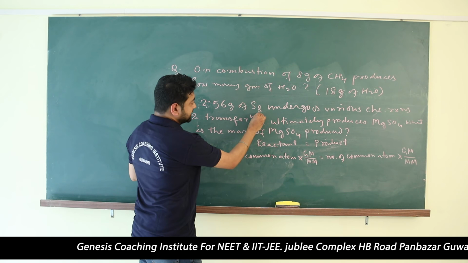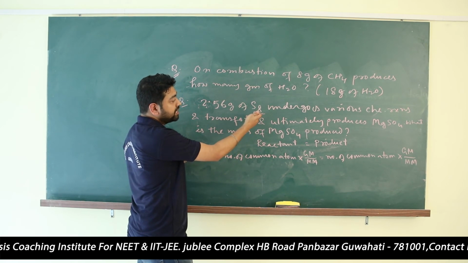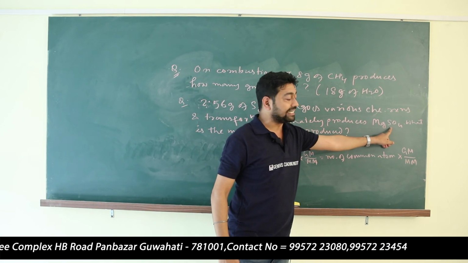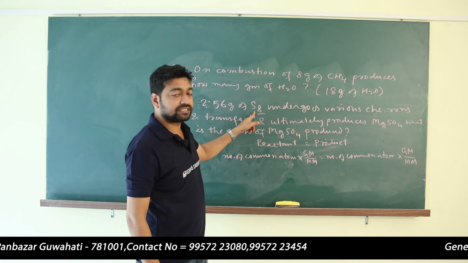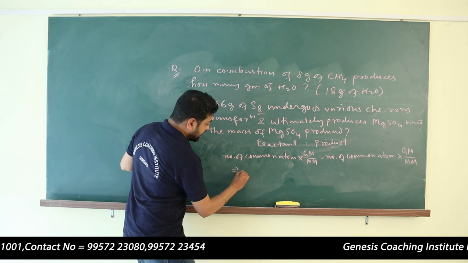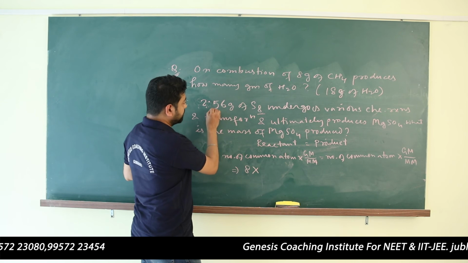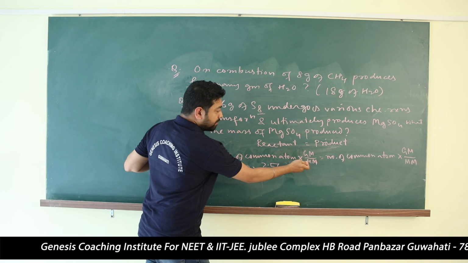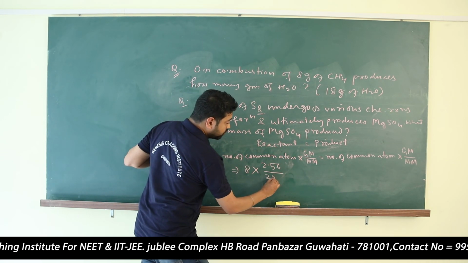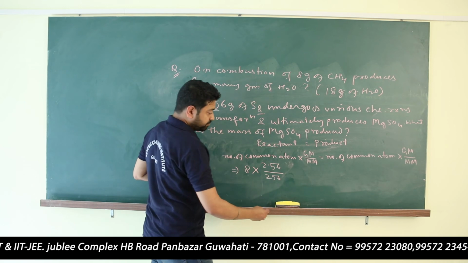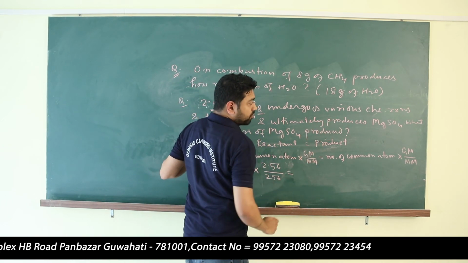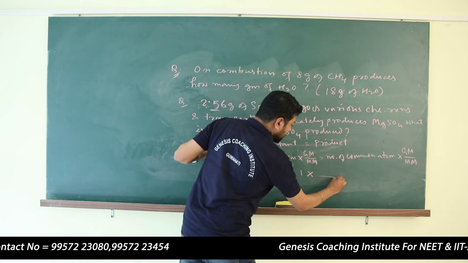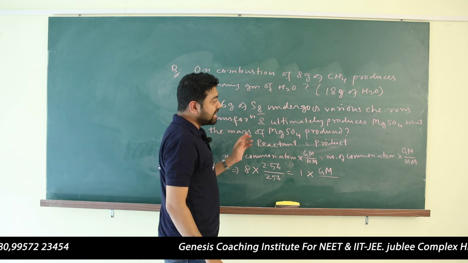Now see, S8 is the reactant. What is the common atom between S8 and MgSO4? Obviously it is S. So see how many S are given? 8. So 8 into given mass, which is 2.56, divided by the molecular mass of S8, which is 256, means 32 into 8, equals, in MgSO4, 1 sulfur is there, so 1 into given mass, which you have to calculate, divided by the molecular mass.